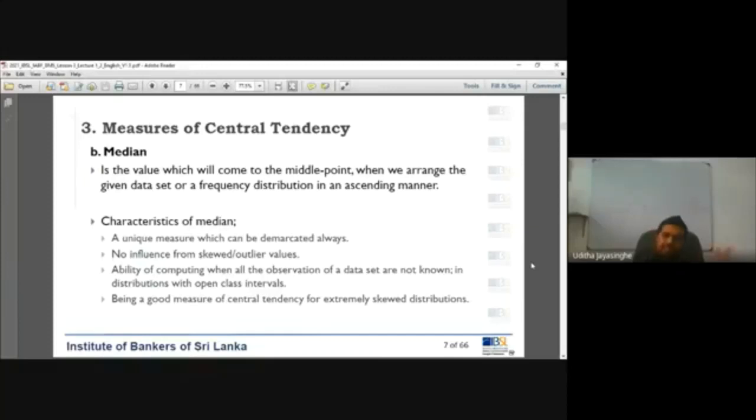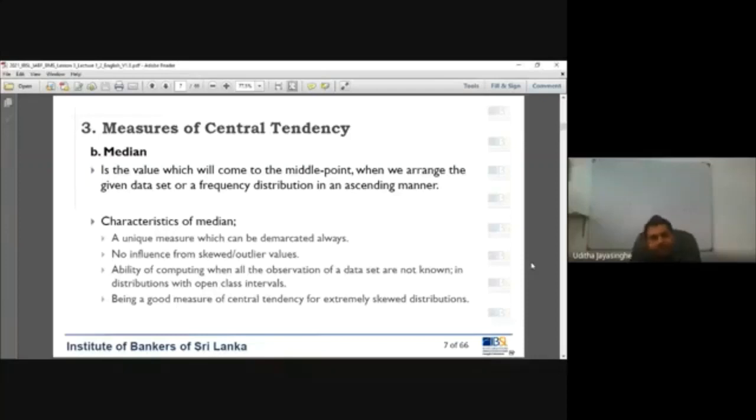Rather, we take 3 and 4, add them up, divide them by 2, and define 3.5 as the median in the data set. Okay, that's the instance for odd and even numbers when we arrange and try to identify the median.